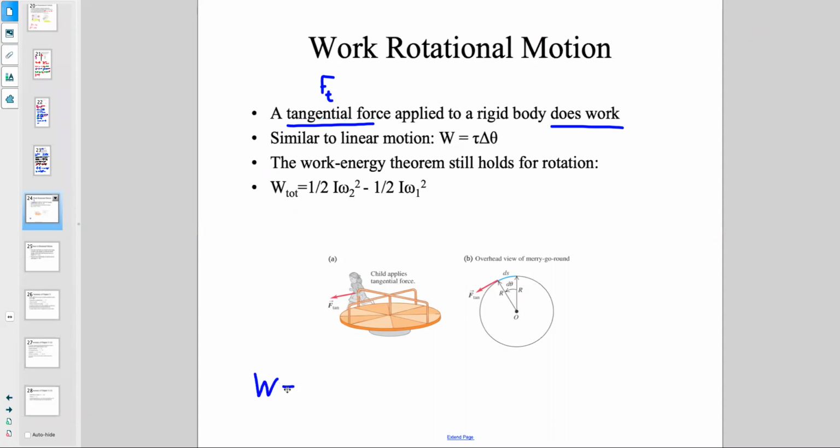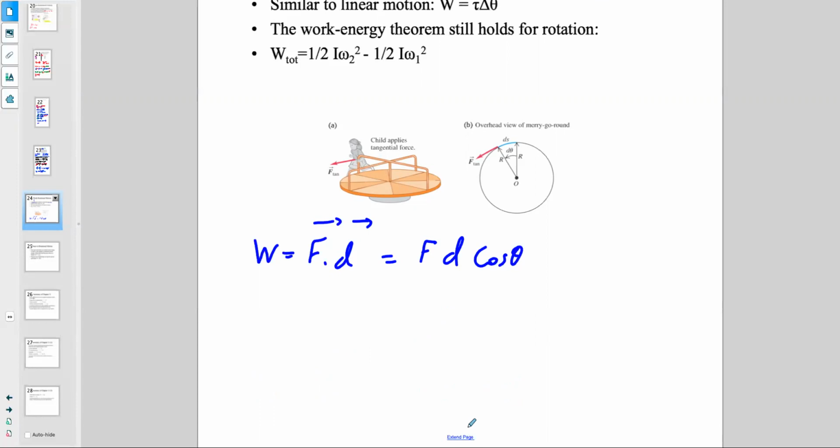So the linear motion work was F dot d, if you remember, or F d cosine of theta, force times the displacement times the cosine of the angle between them. So in our case, since we are rotating, the work done in the rotational motion, instead of force, I have torque. Instead of linear displacement, I have angular displacement, which is delta theta. Okay, and this cosine is always the cosine of 0, which is always 1. So I have tau times delta theta.